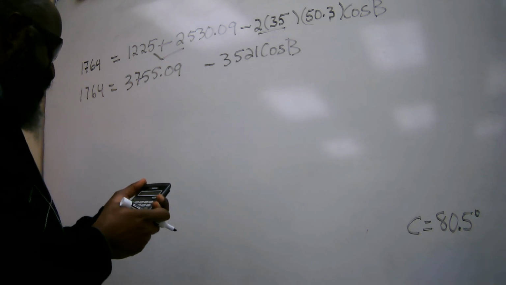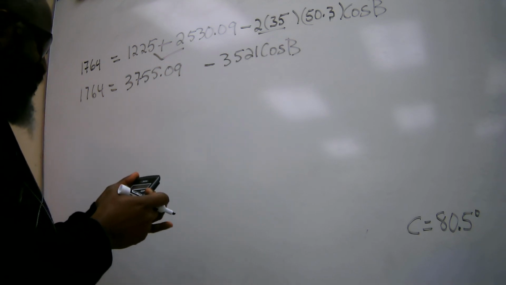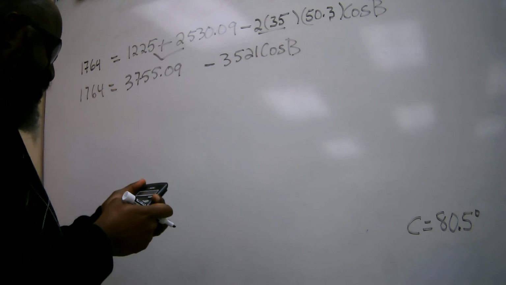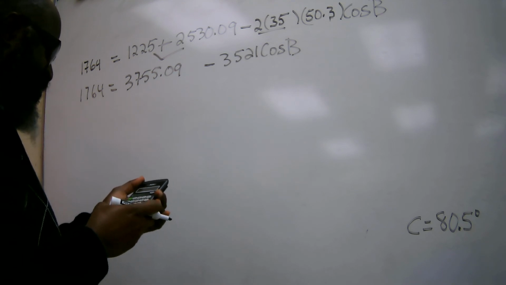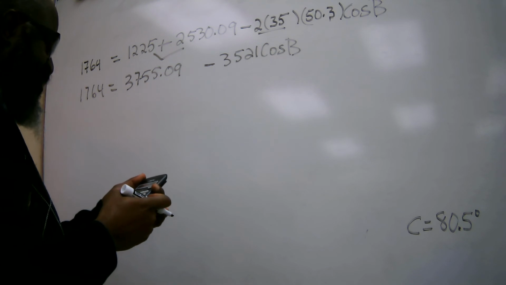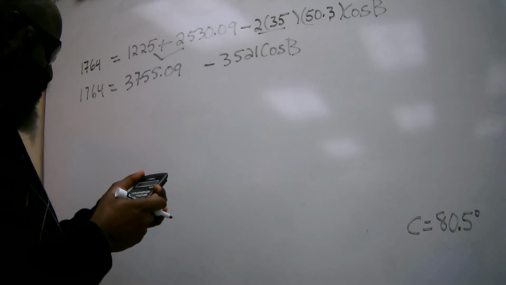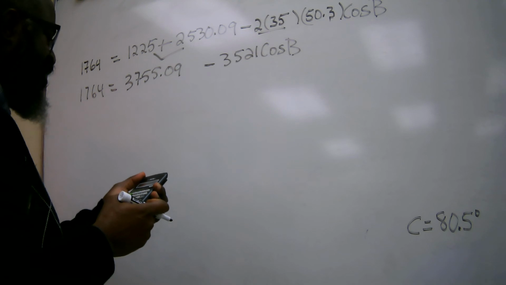So let me try that again. 2 times 50.3 times 35. That's correct.